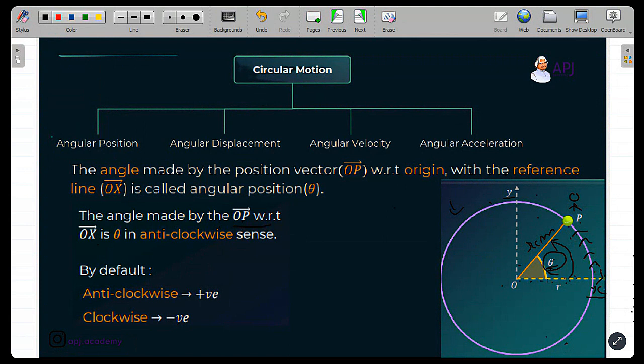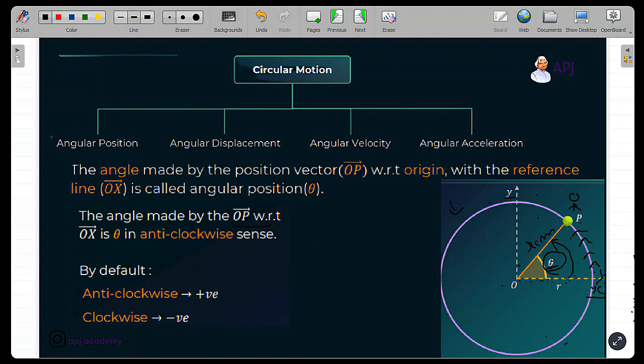So theta is always measured in anti-clockwise sense with respect to the reference line OX. ठीक है, OX से anti-clockwise आपको चलना होगा, anti-clockwise की तरफ आपको एंगल लेना होगा. आपको डायरेक्शन सेंस बताना होगा, ना कि पार्टिकल ने मूवमेंट कैसे करी. आपका थीटा जो बना है, उसको सेंटर से ऊपर की तरफ लेके जाना है, घूमने की दिशा में एंटी क्लॉकवाइज होना चाहिए.